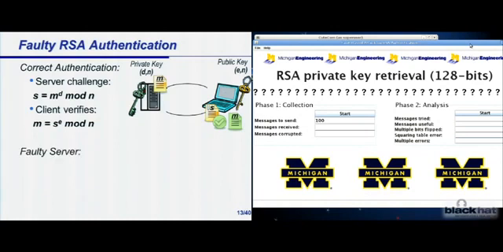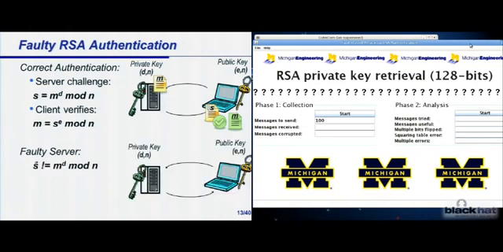When something goes wrong, this is what could happen. So the server does an erroneous authentication. The client sends a message. The server attempts to encrypt, but during that process, a fault is injected. So the result is an incorrectly signed message. The message goes back. The client decrypts it and does not obtain the original message M, obtains something different.